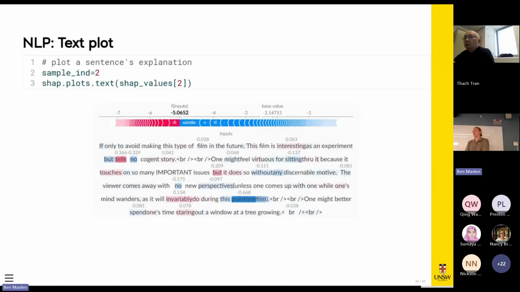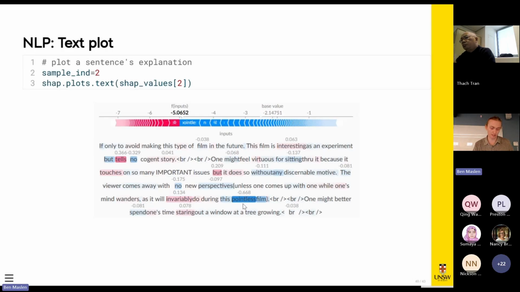Okay, so we can get out a waterfall plot, but for text it's called a text plot, and it looks a little bit different, but it can be read in the same way as our waterfall plot. We start at our base value, we end at this value here. The base value is our average predicted sentiment. So this particular review is more negative than the average review. And we can see what words are driving this negative review.